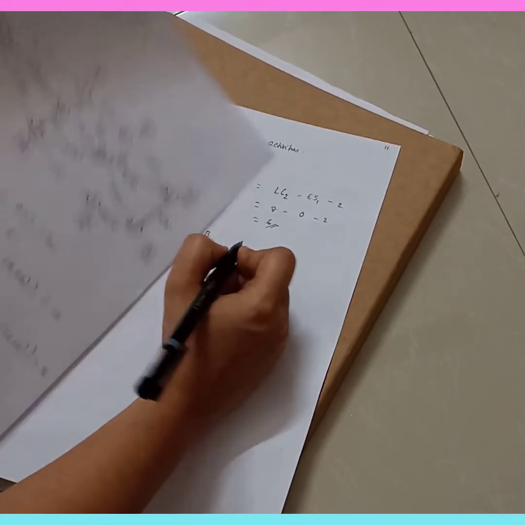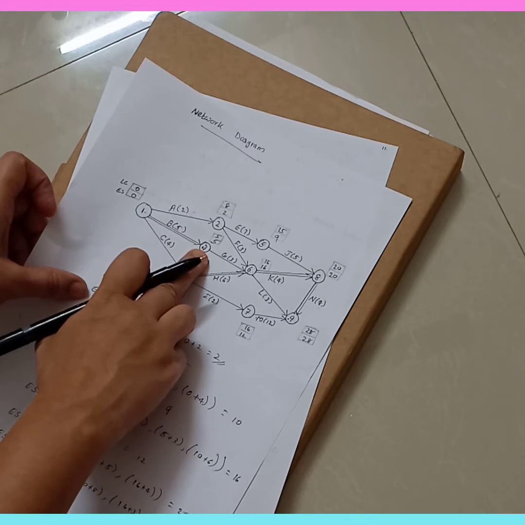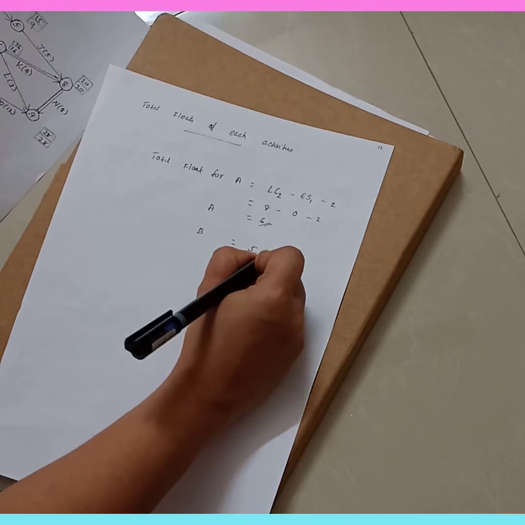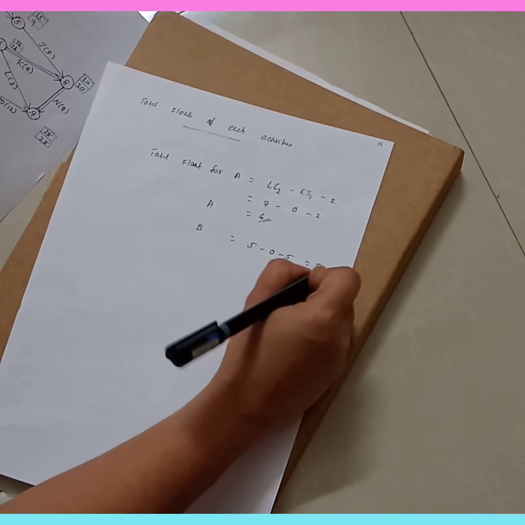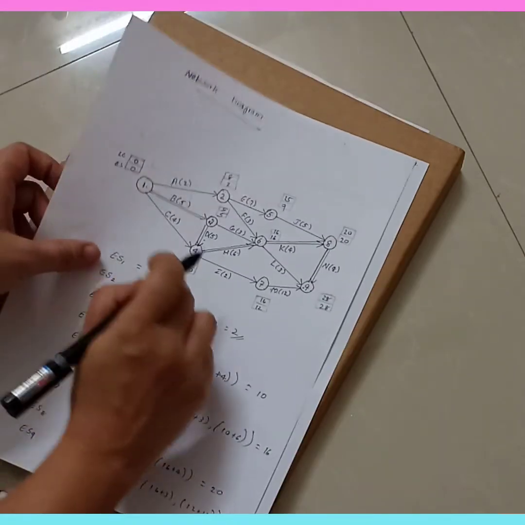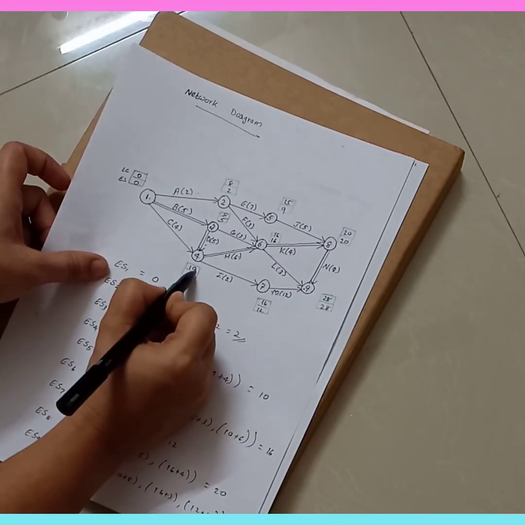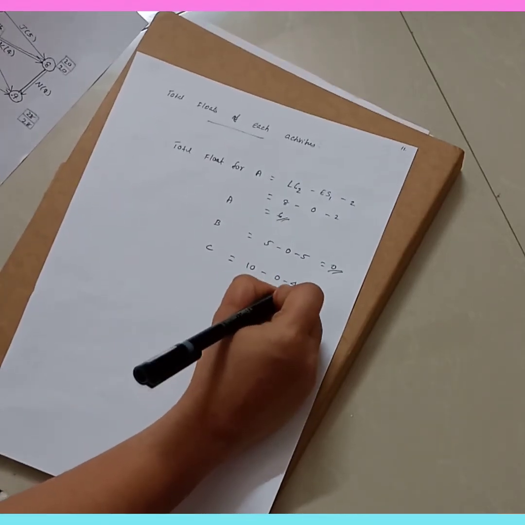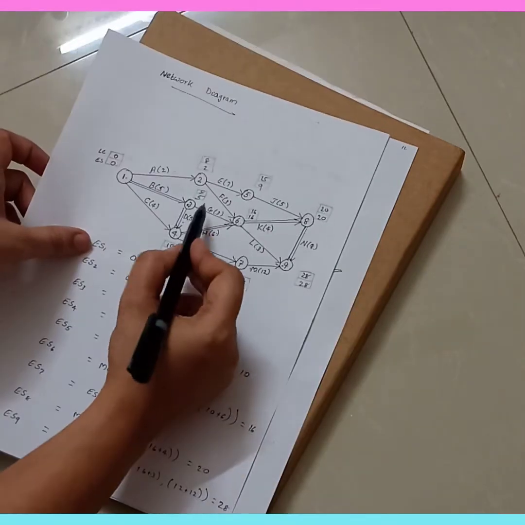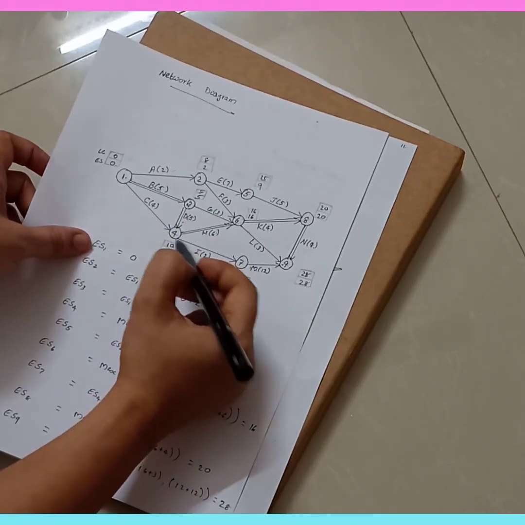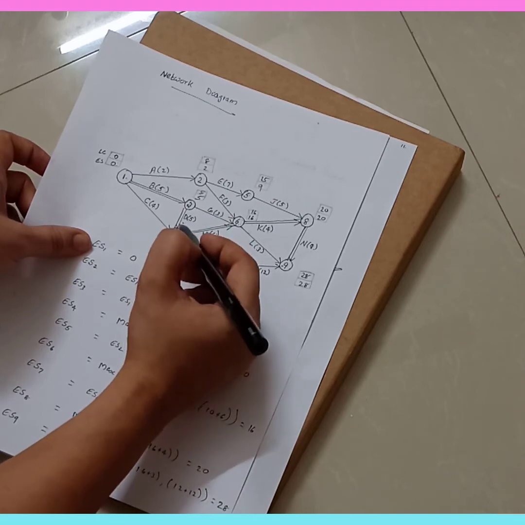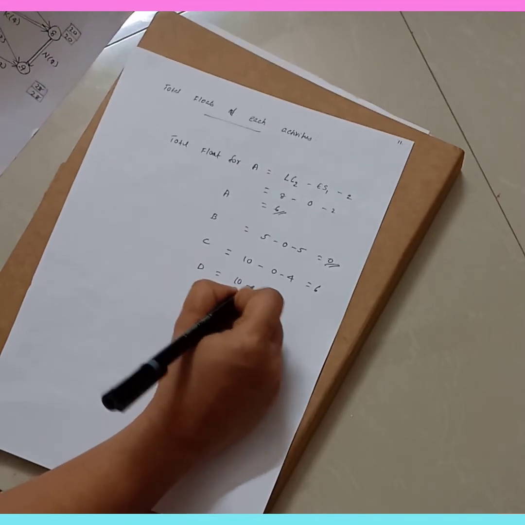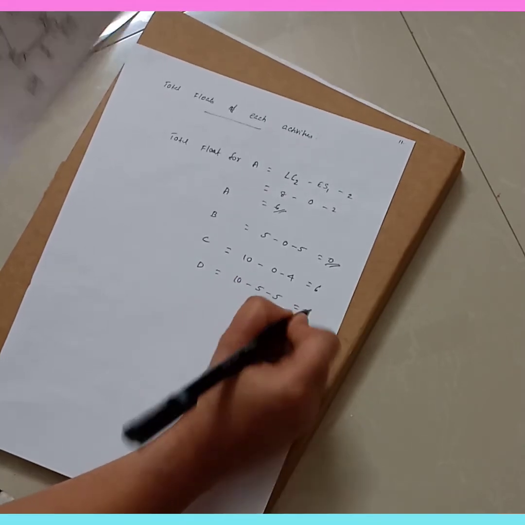Then the next one is for B. For activity B, that is LC3, that is 5. 5 minus 0 minus 5, which is equal to 0. Then for activity C, this is 10 minus 0 minus 4, which is equal to 6. Then for activity D, it is 10 minus 5 minus 5, which is again 0.